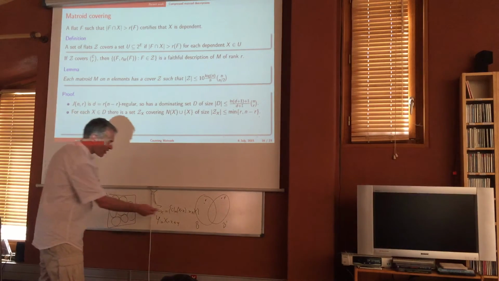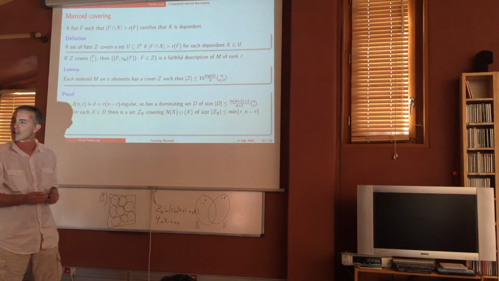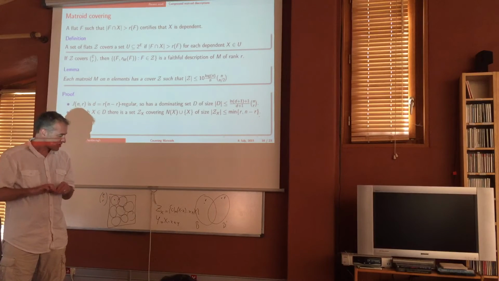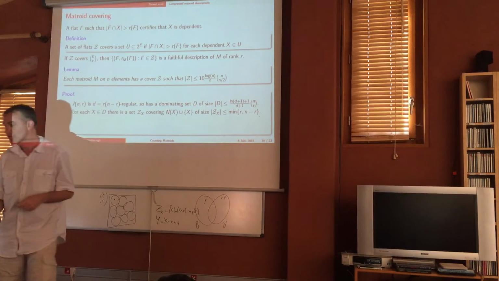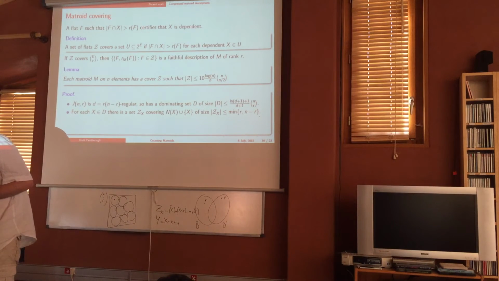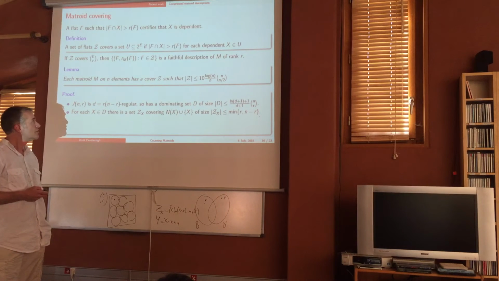Now, since X itself has only R members, this is a cover of cardinality R. And so this will do it to prove the upper bound of R, and the dual argument will give you the upper bound of n minus R.